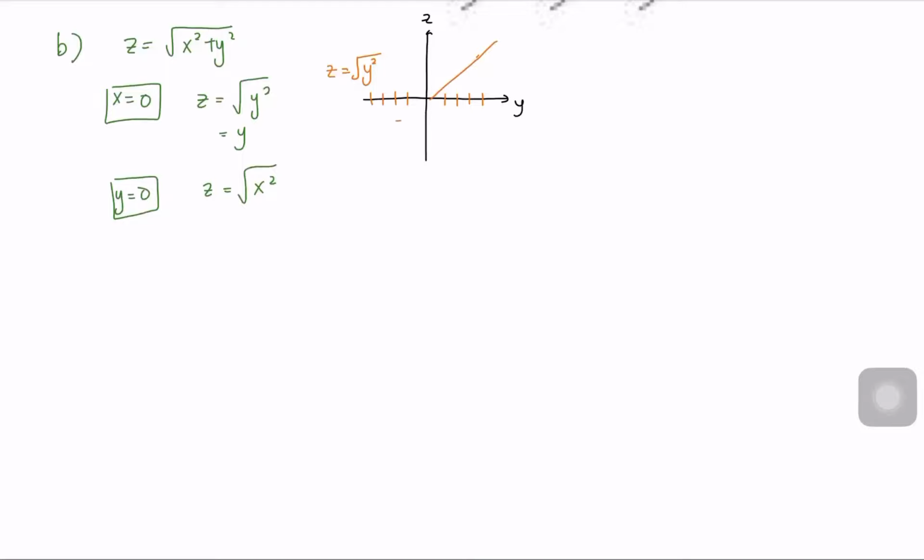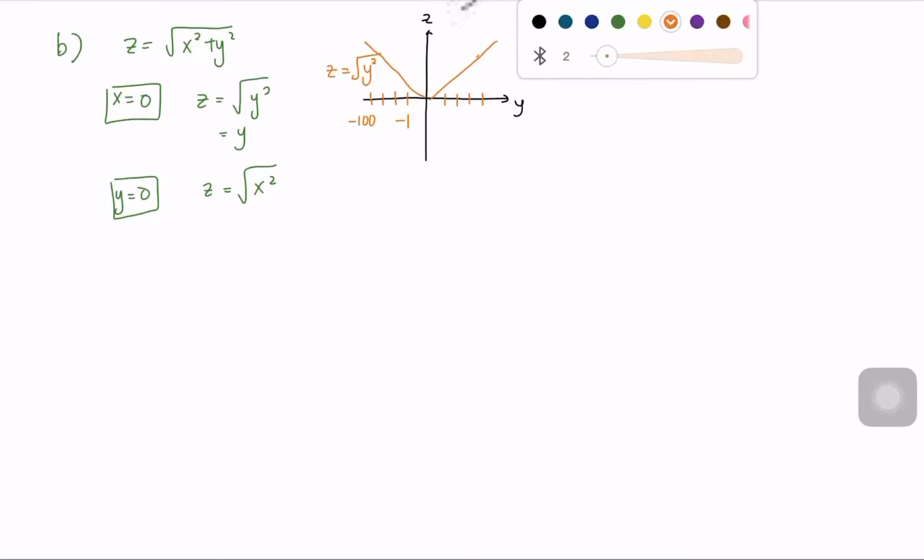If we take the value of y as negative 1, we still get the positive value because it is squared. If we take negative 100, we still have the positive value of z. Therefore, we still can consider the value of negative y. So the graph will be like this.